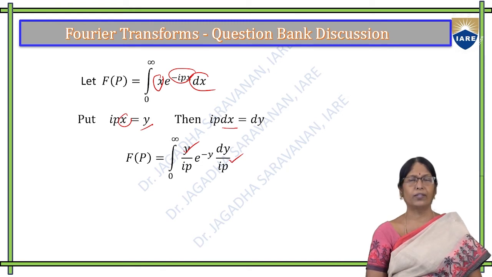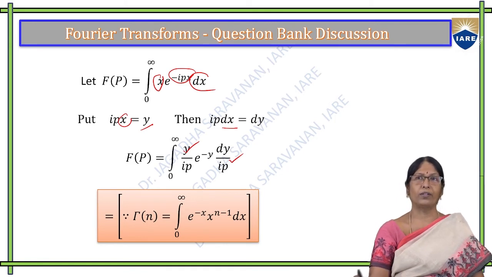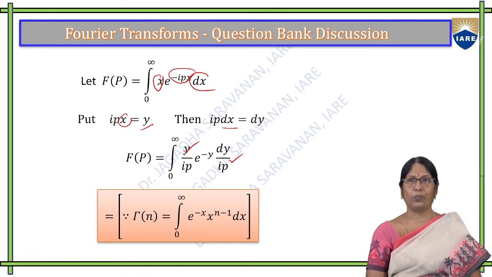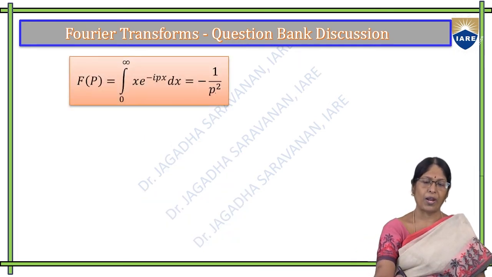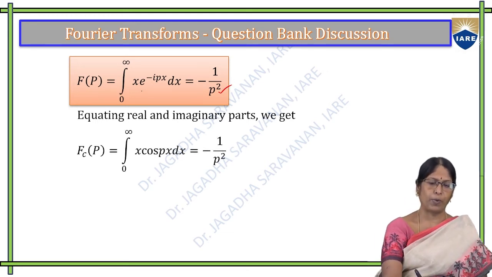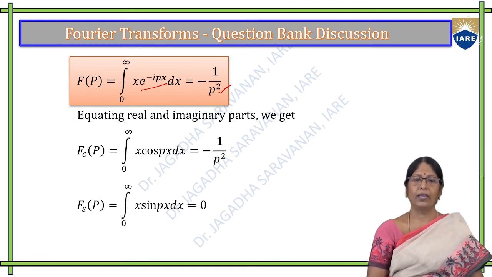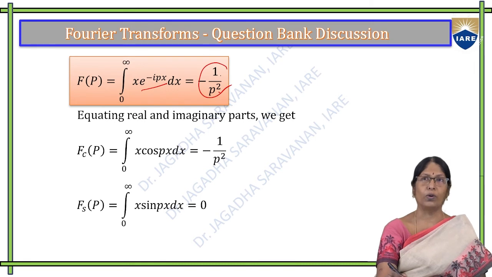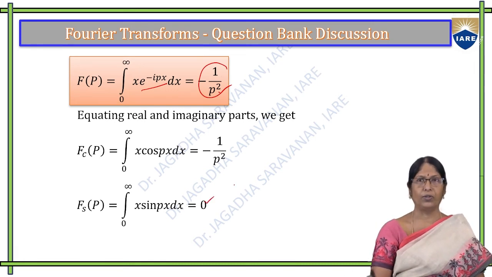The basic idea is we want the format of the gamma function. So we will bring this problem into the gamma function format, and we obtained this result. So for the real part, we will do the comparison with the expansion of the vector. For the imaginary part, there is no imaginary term, so it is equal to 0.